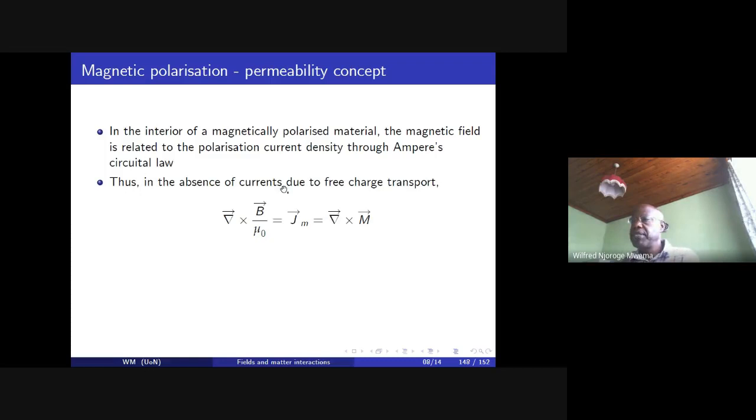Thus, in the absence of currents due to free charge transport, we know that the curl of the magnetic field intensity must be equal to the current density of the material.